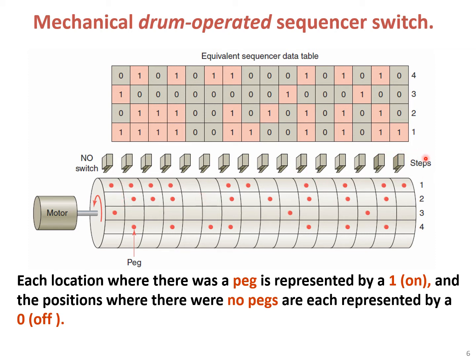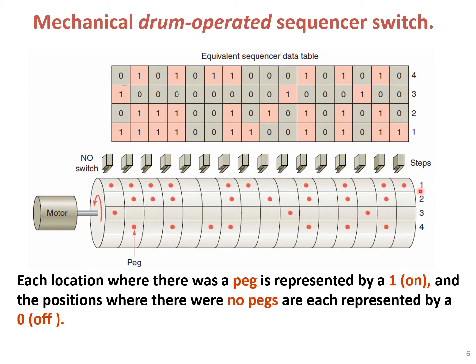We have here 1, 2, 3, 4, 5, 6, 7, 8, 9, 10, 11, 12, 13, 14, 15, and 16 switches. Okay, and here we have 4 steps. So it means that in each step we have one combination of on and off, zeros and ones.